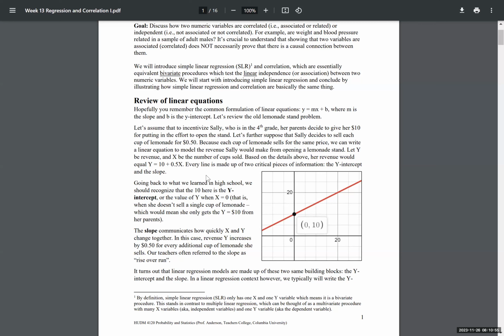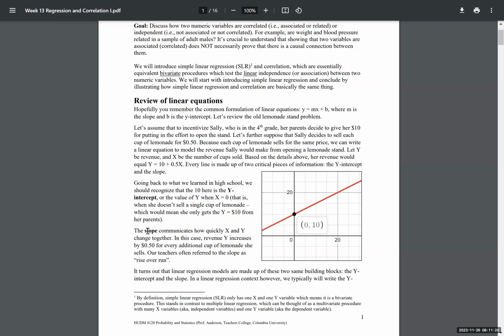So in our example, the y-intercept is 10. And that's because, again, if the intercept is the value of y when x is 0, well, if you plug in 0 for x here, 0 times 0.5 drops out. You're left with only 10. And graphically, this is what it looks like. The line passes the y-axis at exactly that point, 0, 10. So that's the y-intercept.